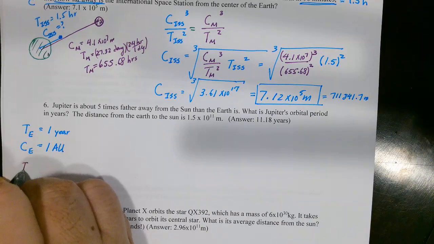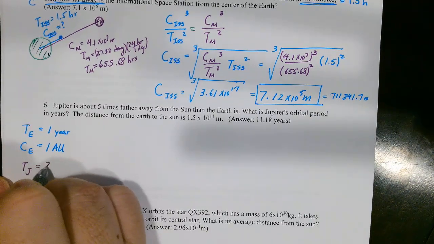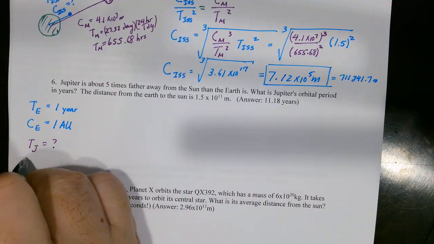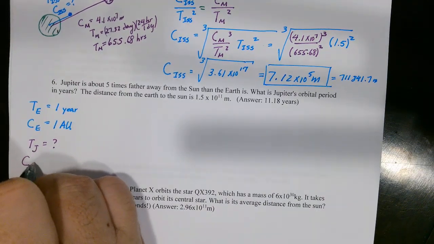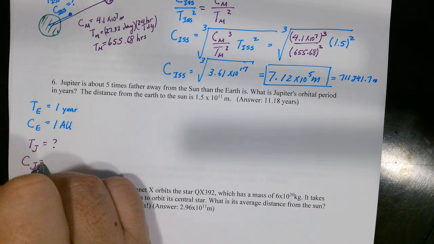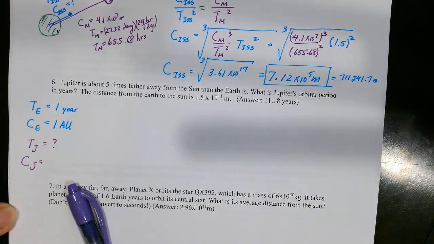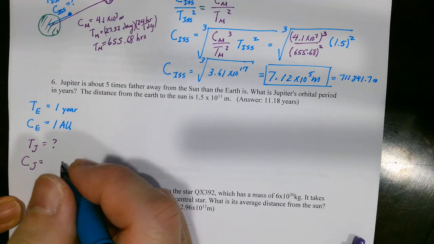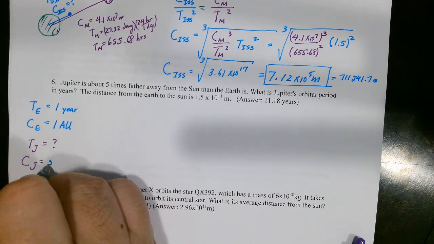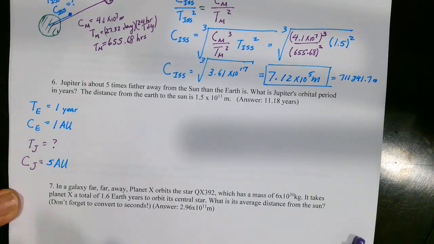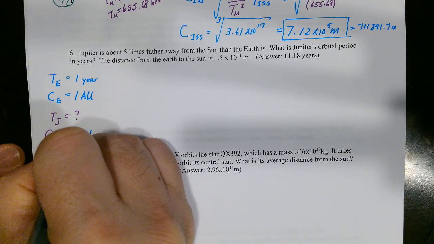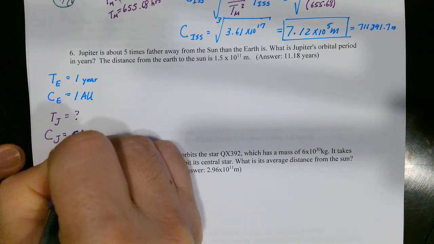They're looking for the period of Jupiter. And we know that the semi-major axis of Jupiter is 5 AU, which is 5 times that.